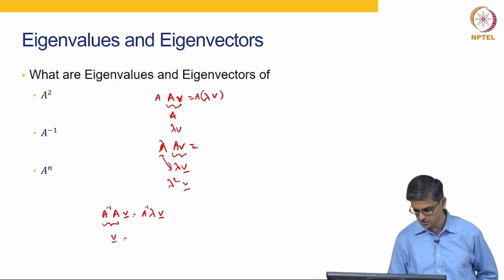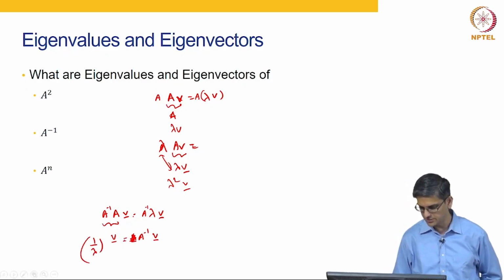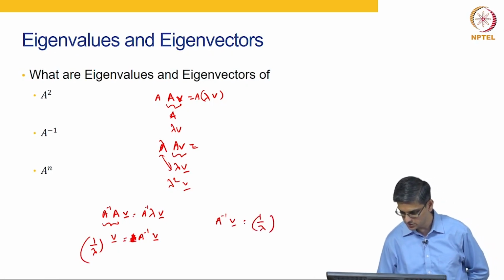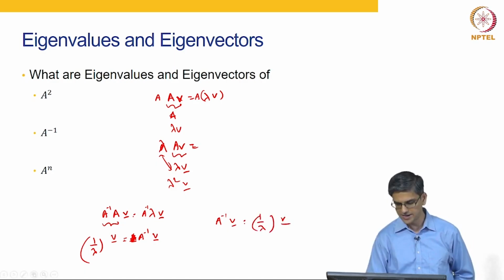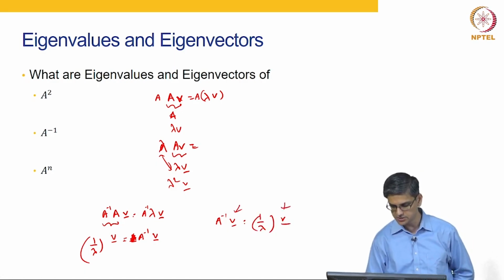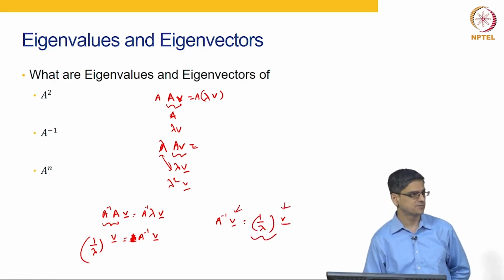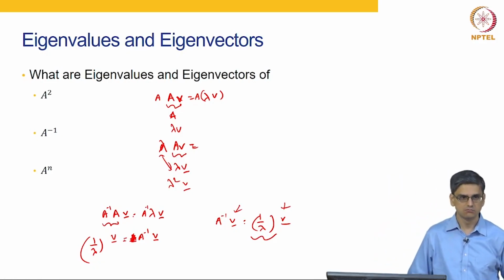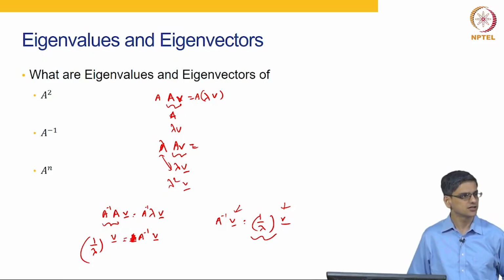So, v bar is A inverse v bar lambda, so A inverse v bar is 1 by lambda v bar. So, eigenvectors are the same for A inverse, eigenvalues are just 1 by lambda. If any of the eigenvalue is 0, A matrix is not invertible. That also comes from this same idea.